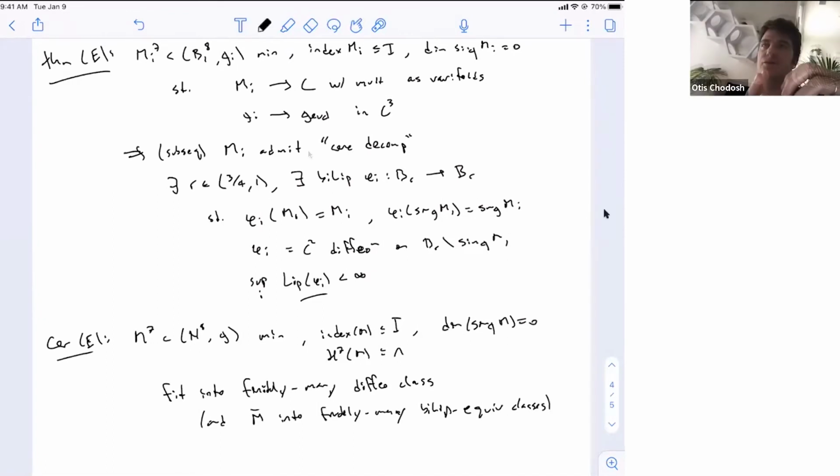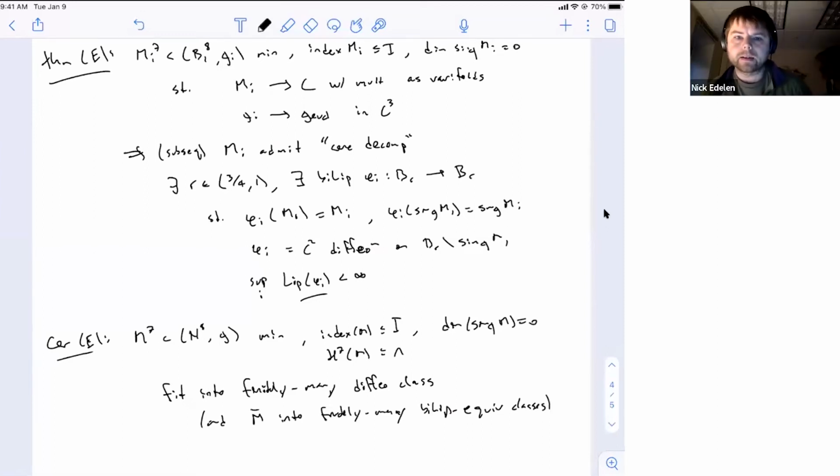Nick, can I ask you a question? If you have something with multiplicity 1 limiting to a cone with multiplicity 2, is your model separated, or does it map them to one point? Is it an immersion type picture? Well, there's no immersion, so everything's embedded away from the singular points. If your cone had multiplicity 2 and you blew up, then let's say the index is 0, you'd have a stable minimal hypersurface asymptotic to the cone with multiplicity 2.